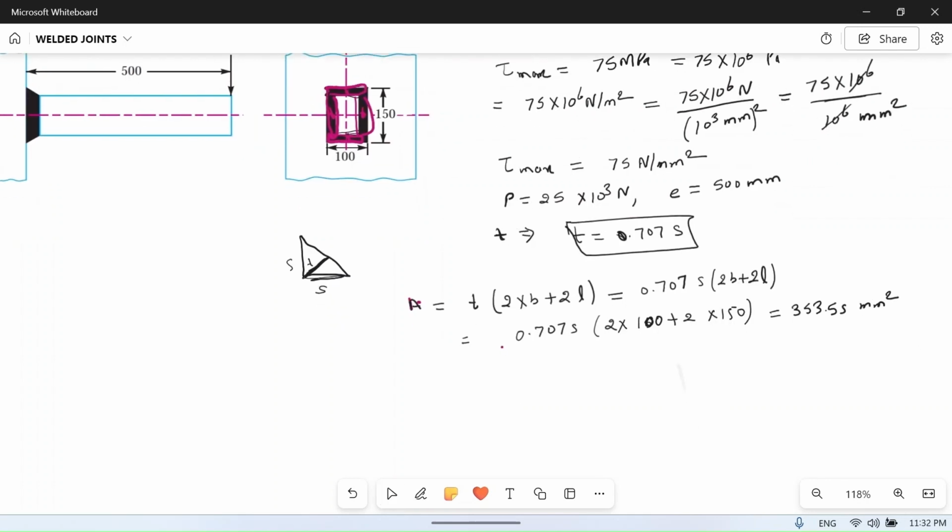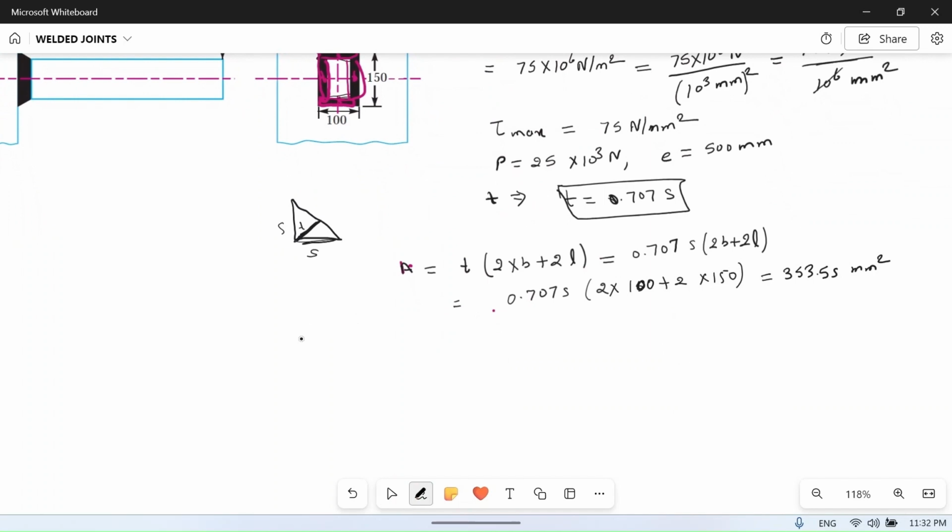So this is the area. So direct shear stress tau will be equal to load upon area, which will be equal to 25 into 10 to the power 3 divided by 353.5 S. So it will be equal to 70.72 divided by S Newton per mm square.